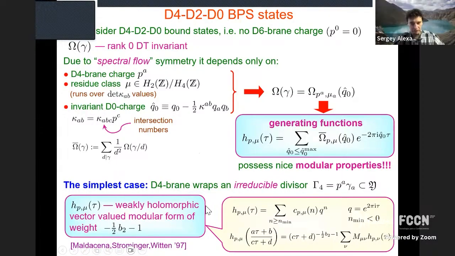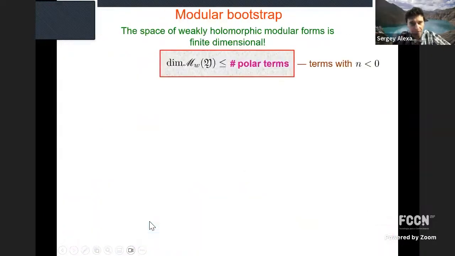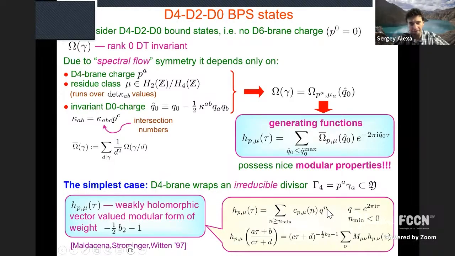Okay, so we consider this simple example, namely, there is a claim that the generating function for irreducible divisors must be a weakly holomorphic vector-valued modular form. And there is a beautiful fact that the space of weakly holomorphic modular forms is finite dimensional. Moreover, this dimension is bounded from above by the number of polar terms, namely those terms which in this series have negative power of q.